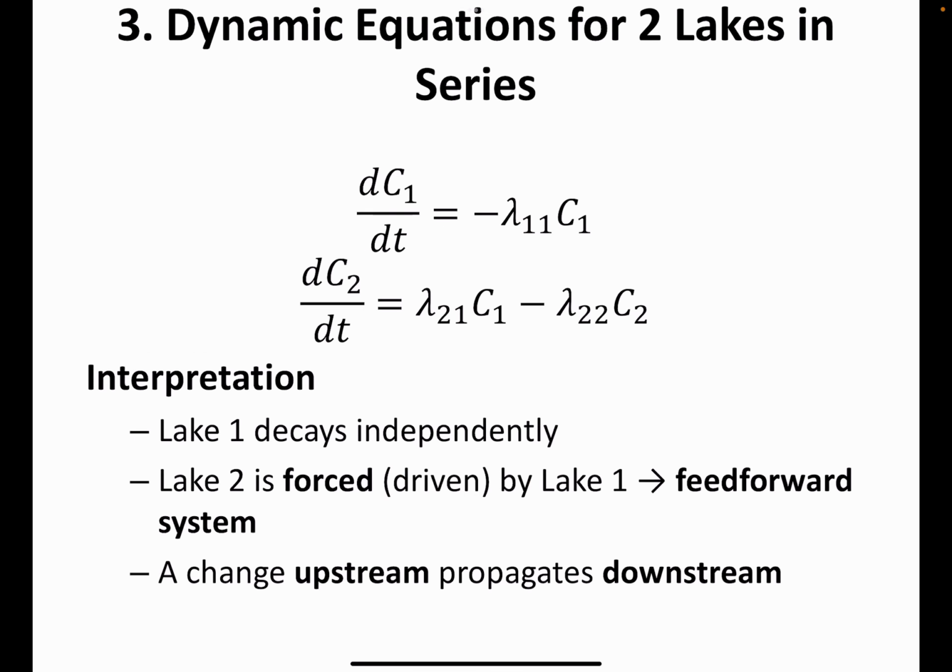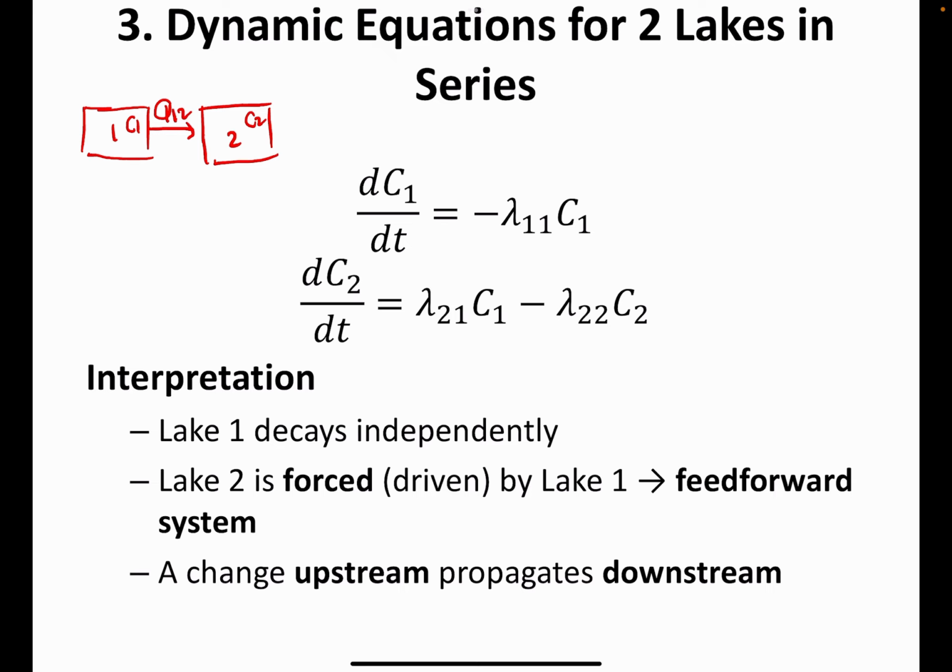Okay, we'll show you the dynamic equation for 2 lakes in series. Let's say we have 1 lake here, and the second lake here, this is lake number 2, with concentration 1 and concentration 2, and you'll have Q12 going from lake number 1 to lake number 2.